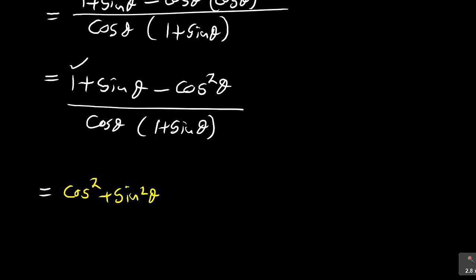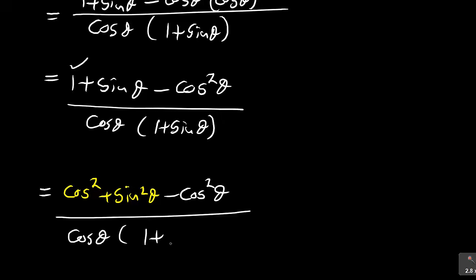Remember that. That is 1. Then you've got minus cos squared theta over cos theta 1 plus sine theta. You see that? And then cos squared theta there. You can see that this cos squared theta minus cos squared theta, it cancels out, and now you are ready to simplify this to say equal to sine squared theta.